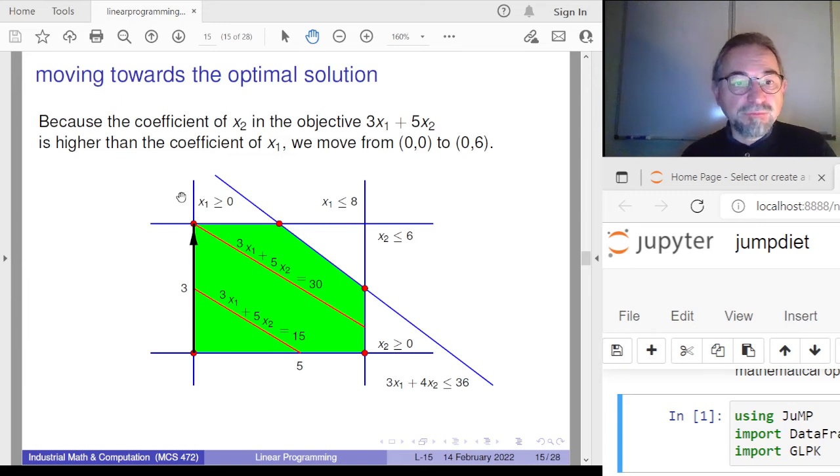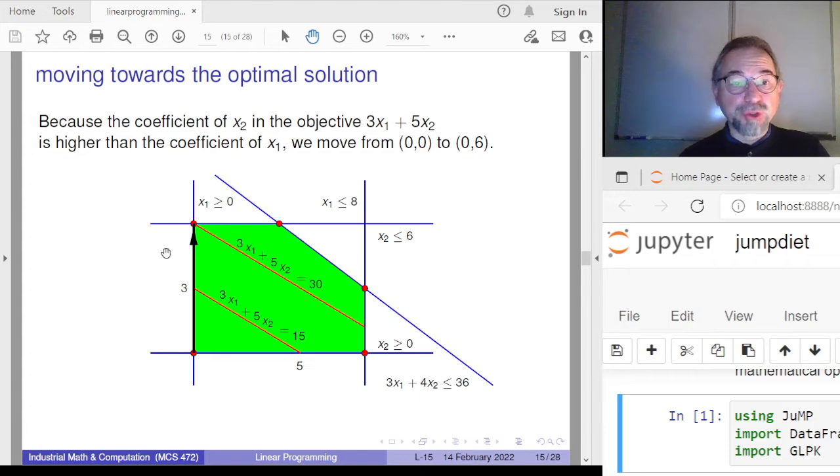Okay, so in the first move, we went from the point 0, 0, following this black arrow here, from 0, 0 to 0, 6, going from one vertex to the next.